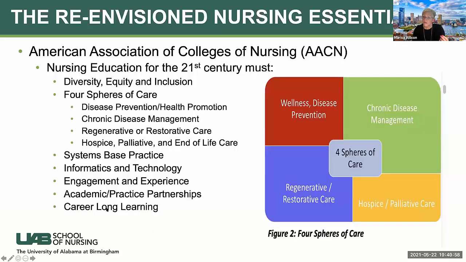So the American Association of Colleges of Nursing, again, told us we have to be focused on diversity, equity, inclusion, the 4 spheres of care, disease prevention, health promotion, chronic disease management, restorative care, and end-of-life care. We have to be very focused on systems-based care, which means our nurses have to understand movement of people, populations, communities across the care spectrum.